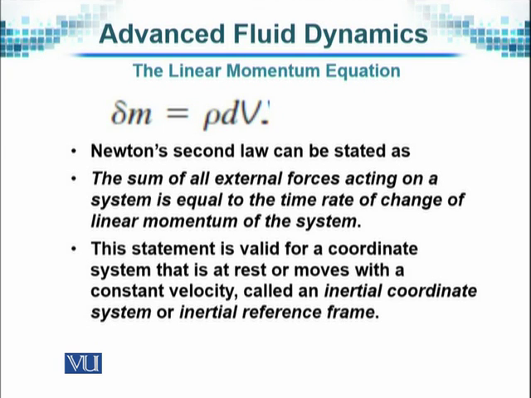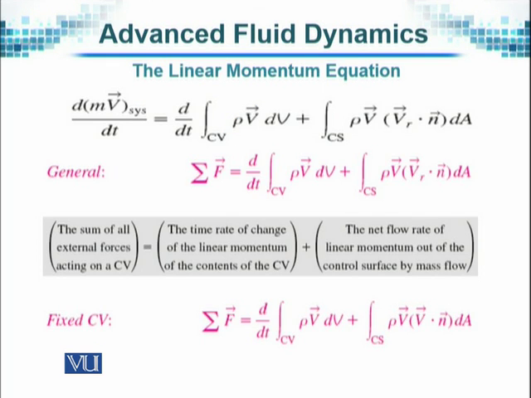The second law, of course, is Newton's law, and we can write the equation in this form: d by dt of m v over the system is equal to an integral, so that the variation in the density and other things can be taken care of if there is any change. But in most cases, if the density is constant, it can come out of the integral and be treated as a constant.